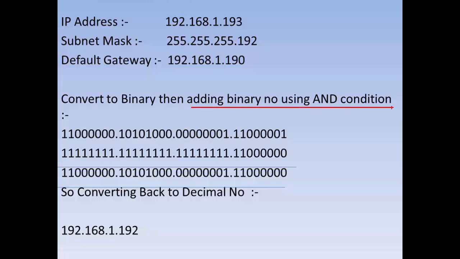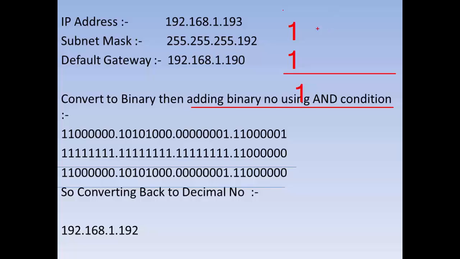There are different methods in binary operations, the AND condition and the OR condition, but here we are going to use the AND condition. What happens in the AND condition? 1 and 1, the end result will be 1.